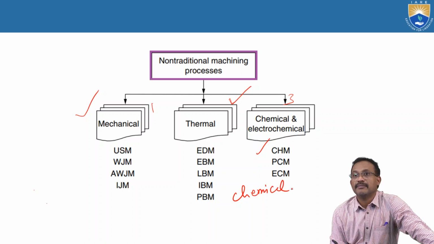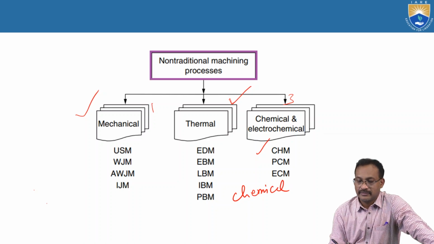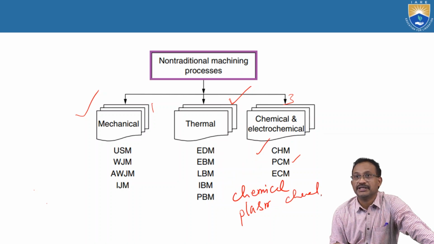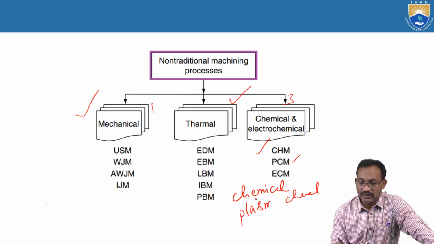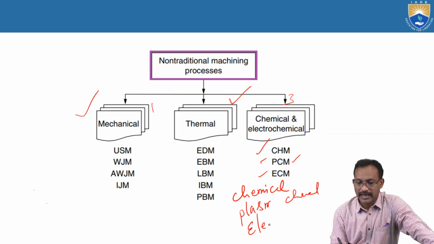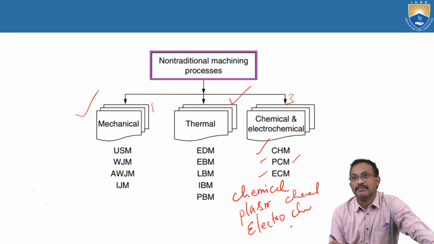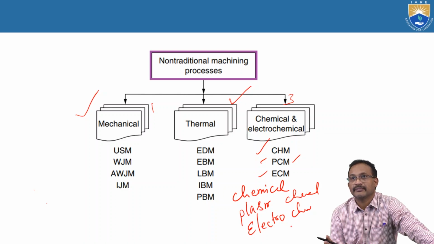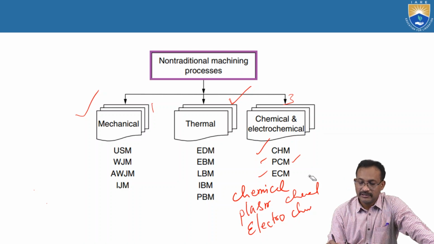Next, second one, PCM, plasma chemical machining. Third one, ECM, electrochemical machining. Okay, now we will see all this in detail.